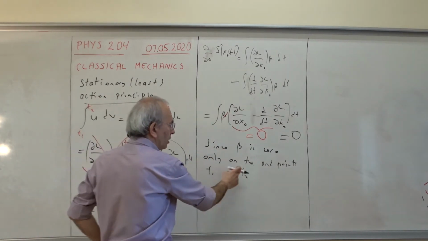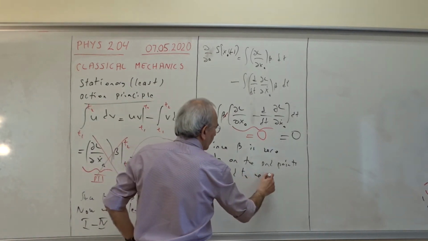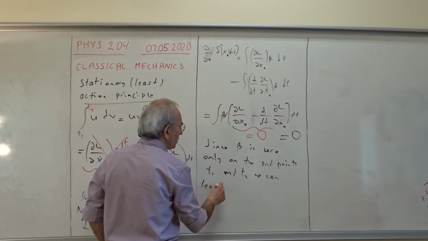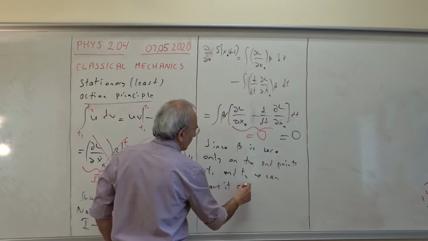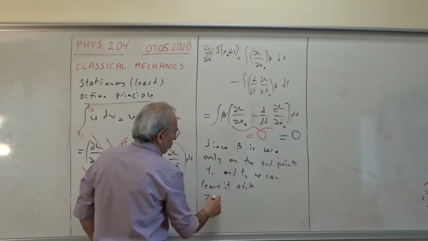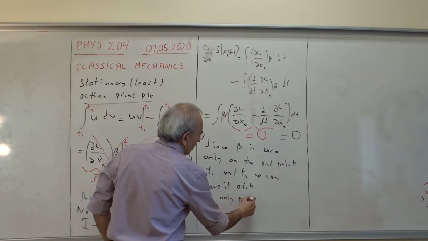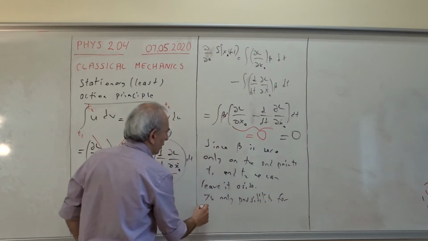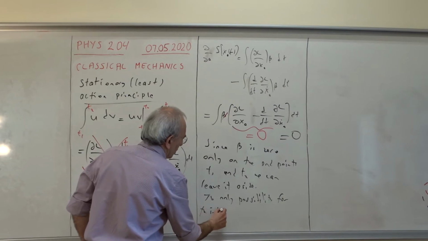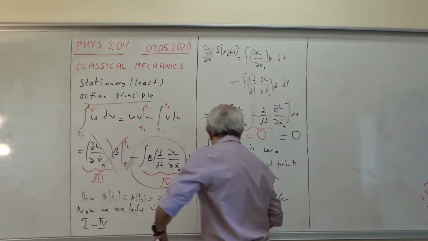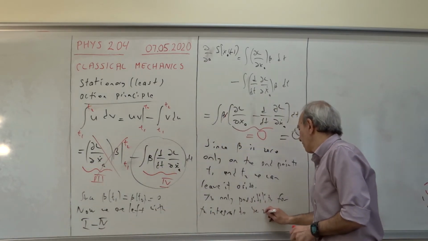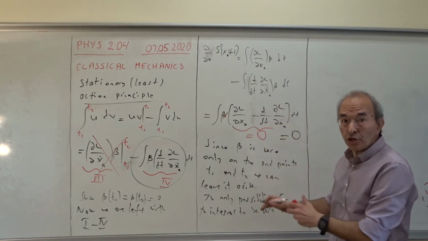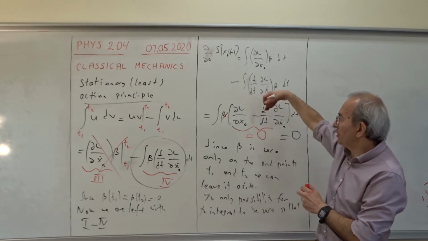Since beta is 0 only at the endpoints, we can leave it aside. The only possibility for the integral to be 0 is that the inside is 0. What is inside? We can write it this way or the other way.